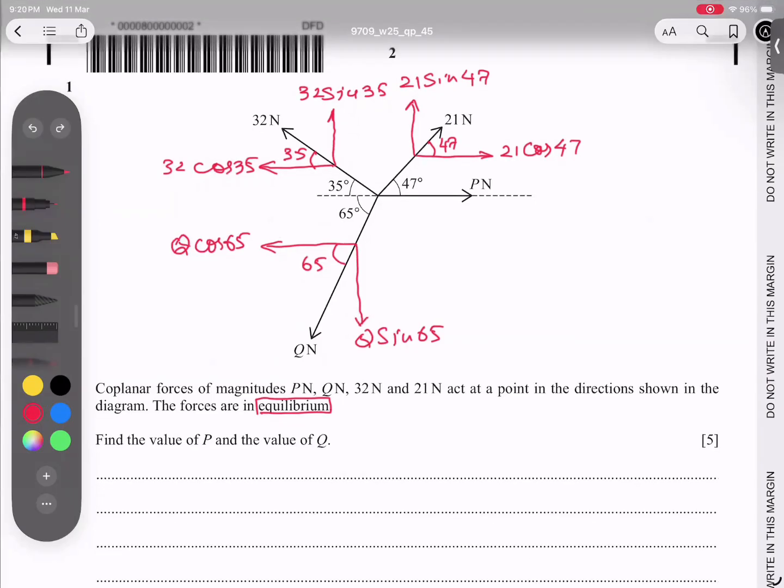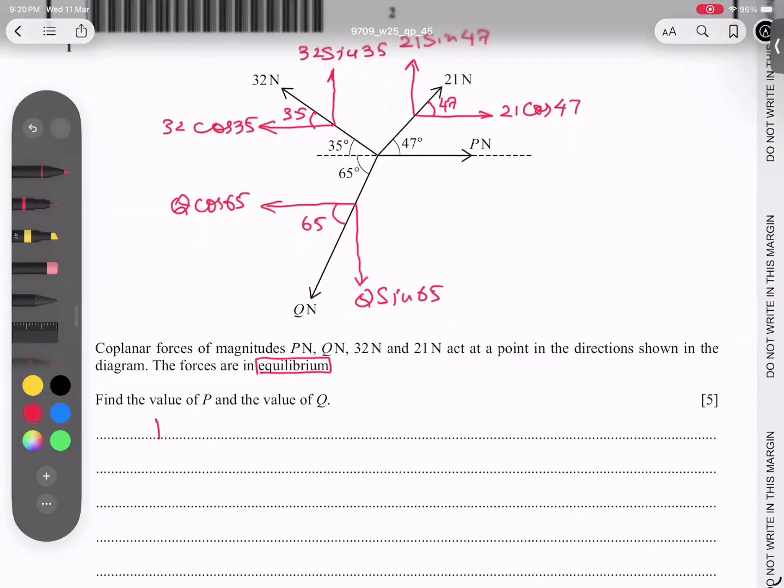First equation, I'm going to make horizontally. Right-side forces equal leftward forces.